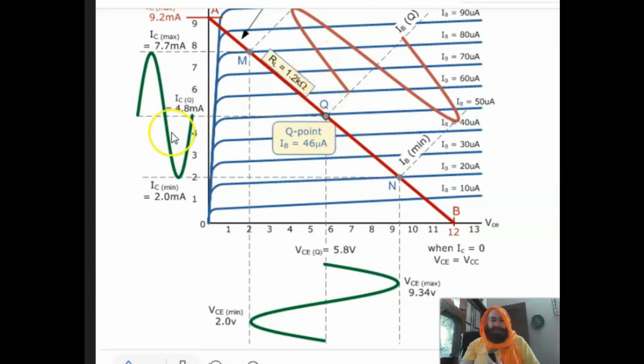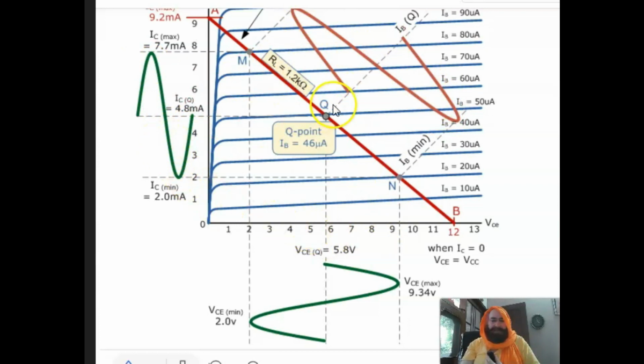Base current is related to the collector current. As the base current goes up, collector current also goes up from 4.8 milliampere to 7.7 milliampere, then back to the normal value, then down to 2 milliampere, then back. So collector current swings accordingly as the base current swings.